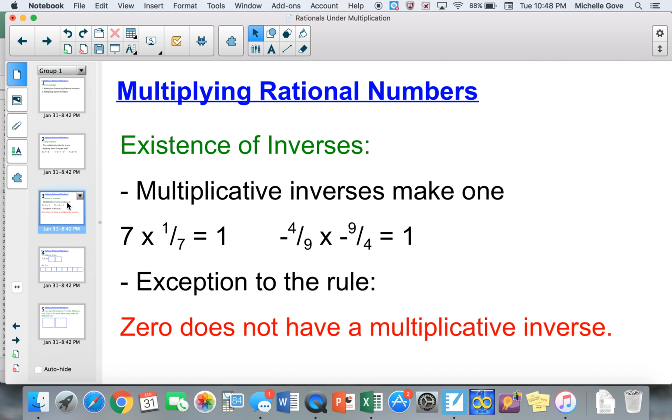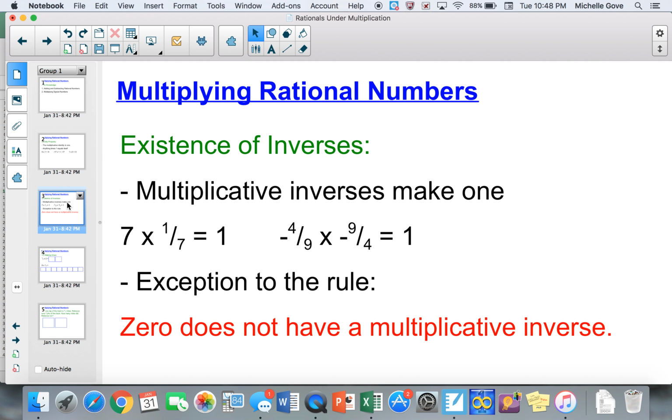We could also say that this is making ones, so 3 times 1/3, we make 1. This is also another way we could say a 1 pair. And so we know that we could use this to find different numbers. There is one exception to the rule, and that is that 0 does not have a multiplicative inverse. There is no reciprocal for 0, and so we can't multiply by anything to get 1.